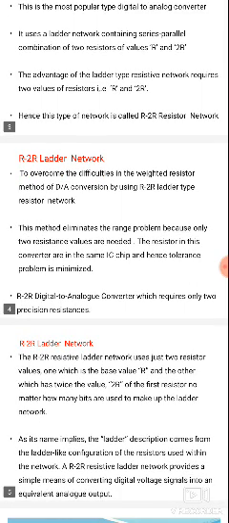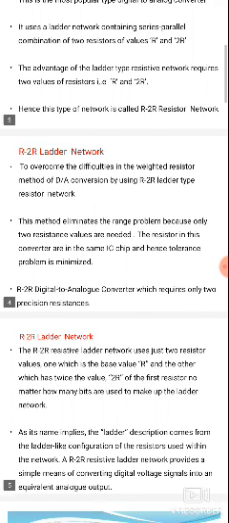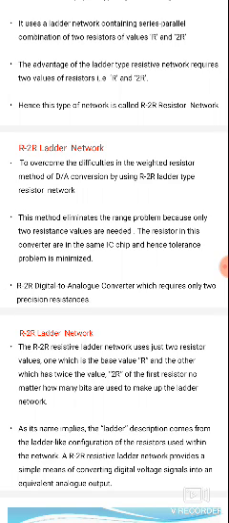The R-2R ladder network is used to overcome the difficulties of the weighted resistor method of digital to analog conversion. So by overcoming the difficulties in the weighted resistor method, we can choose the R-2R ladder type resistor network.